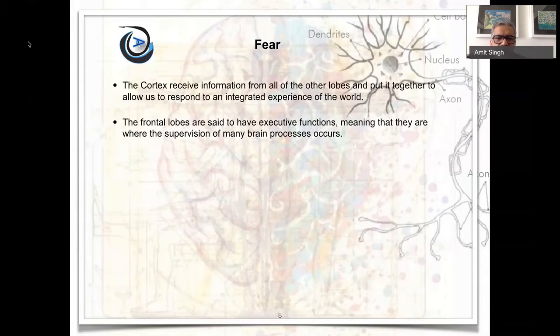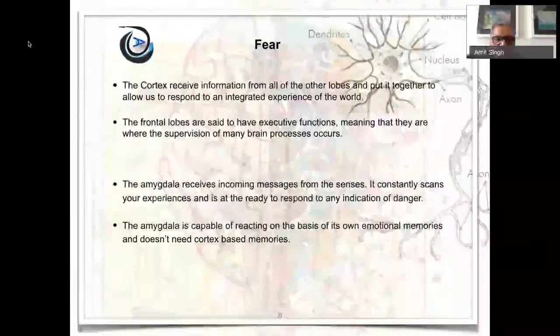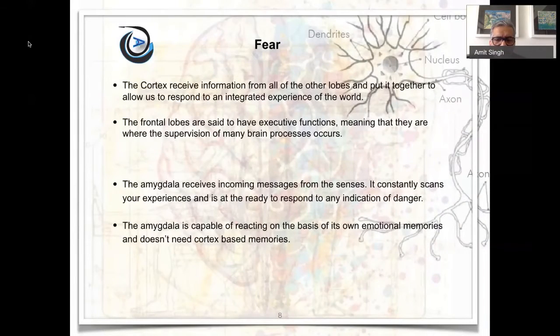Frontal lobes are said to have executive functions, meaning that they are basically supervisory, and the brain processes occur there. The amygdala receives incoming messages from senses. It constantly scans your experiences and is at the ready to respond to any indication of danger. The amygdala is capable of reacting on the basis of its own emotional memories and doesn't need cortex-based memories.